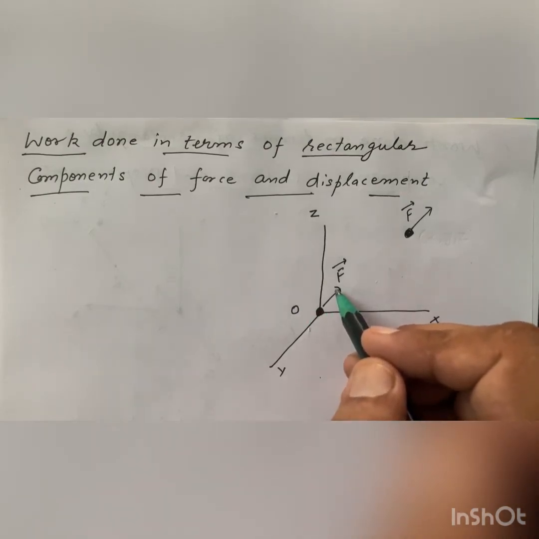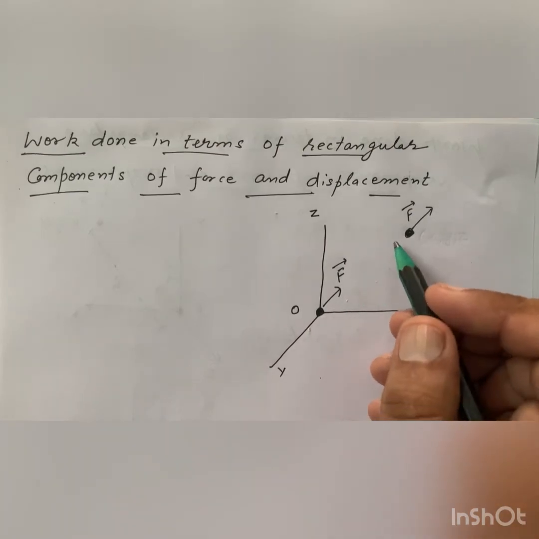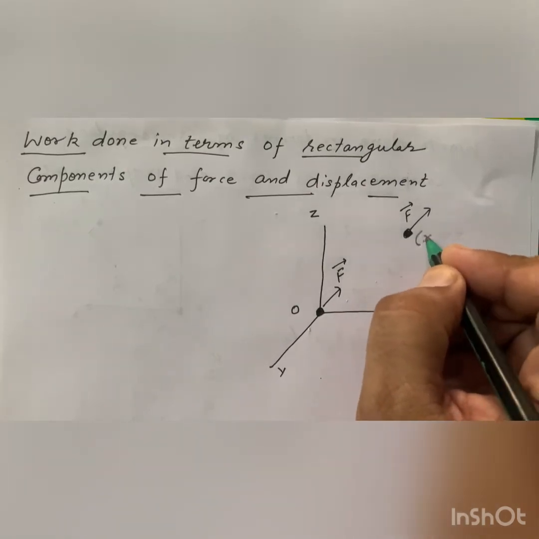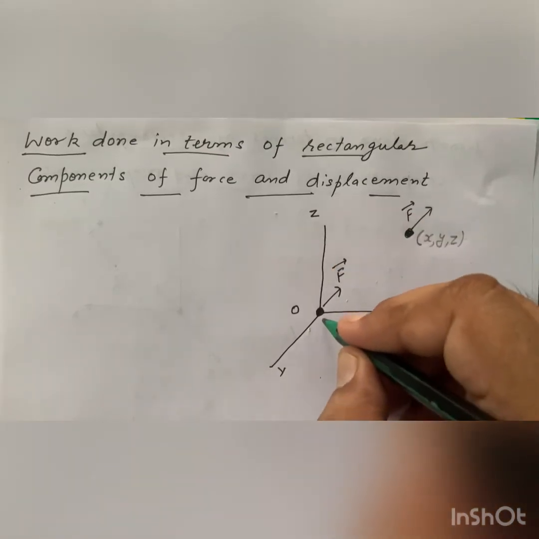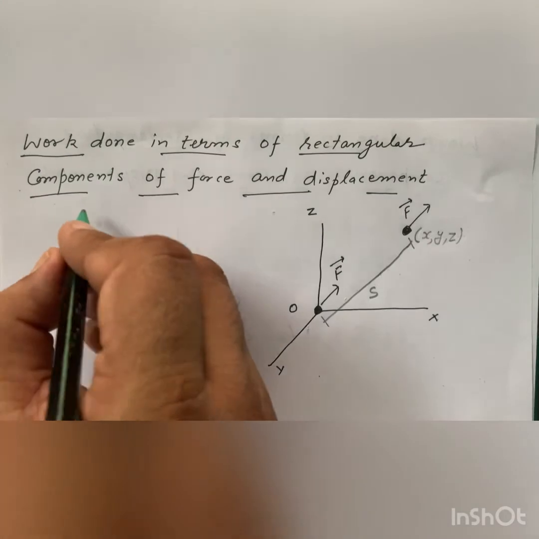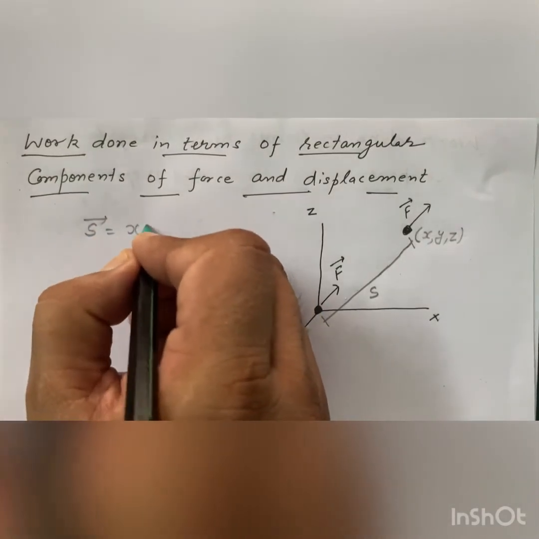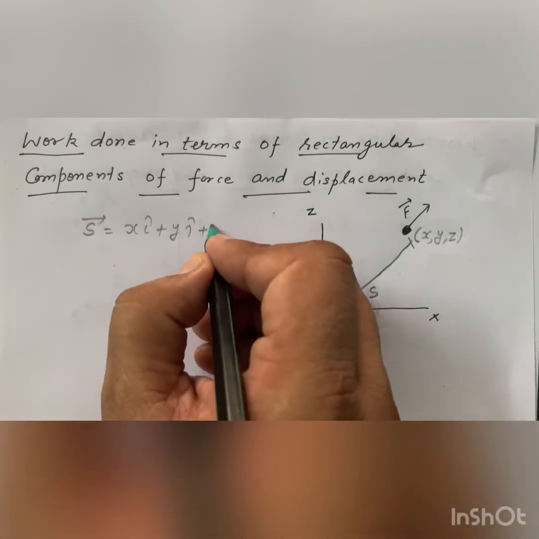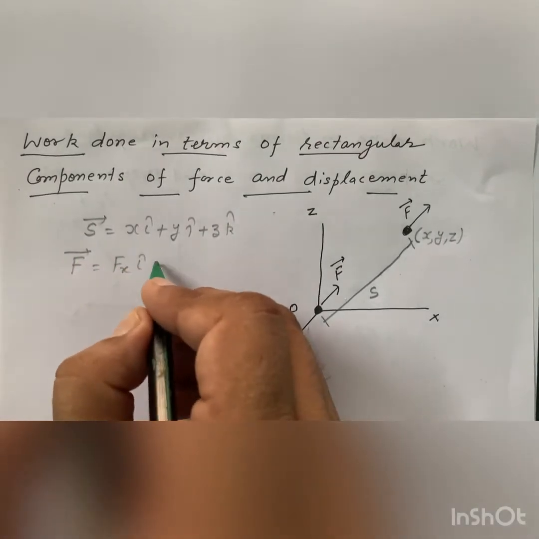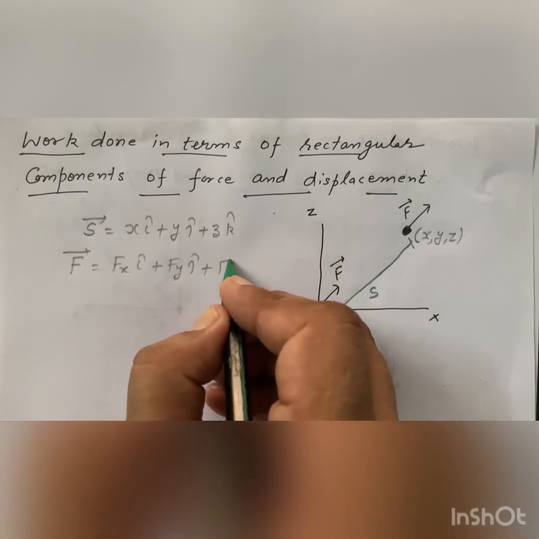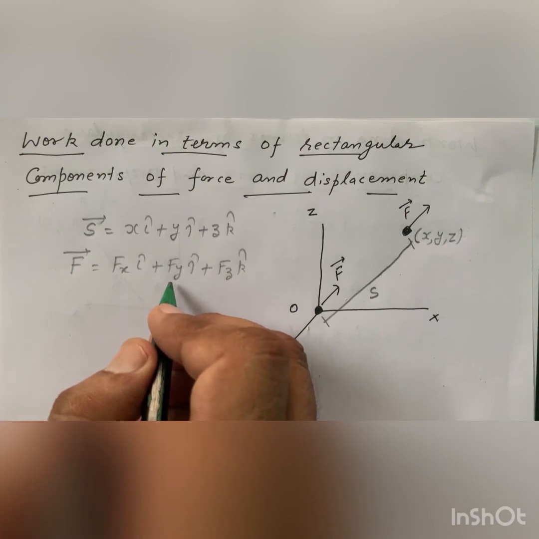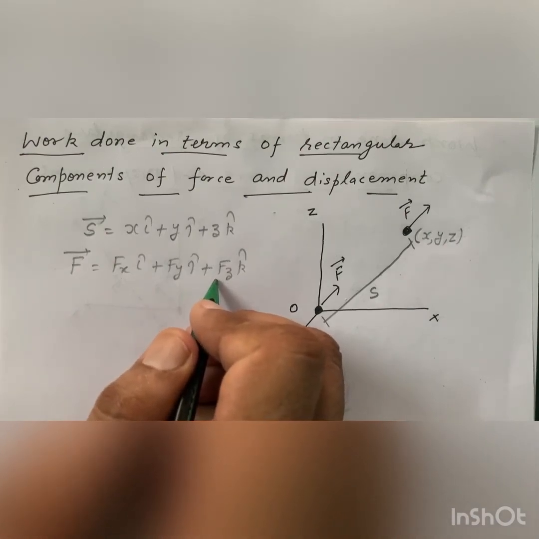A force F is applied on the object and the object displaces through a distance S, and the coordinates of this point are x, y, z, and this is S. Now we know that S equals x i cap plus y j cap plus z k cap, and force F is Fx i cap plus Fy j cap plus Fz k cap. Fx is the component of force along x-axis, Fy is the component of force along y-axis, and Fz is the component of force along z-axis.